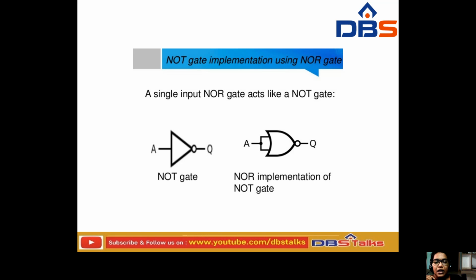So we can consider that one as a NOT gate. Instead of using the NOT gate, if it is a NOR gate having only one input, you can use this NOR gate as a NOT gate.